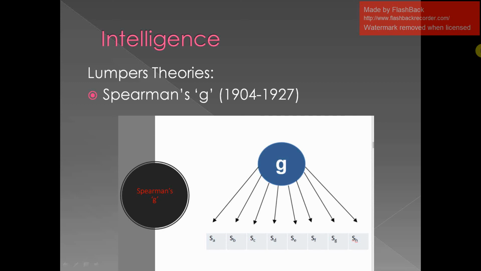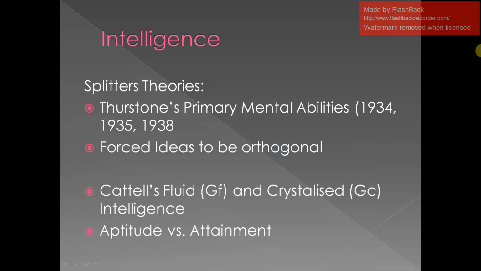And there are splitters. The splitters theories are Thurstone's primary mental abilities and Cattell's Gf and Gc. Thurstone's primary mental abilities used a variety of statistical procedures which are different to Spearman's and forced abilities to be orthogonal, so independent.